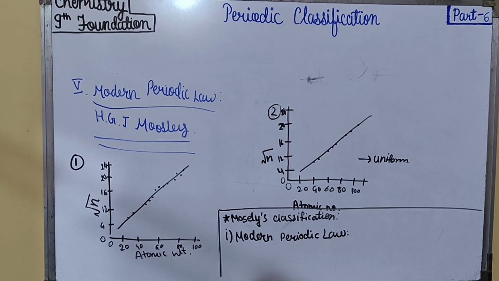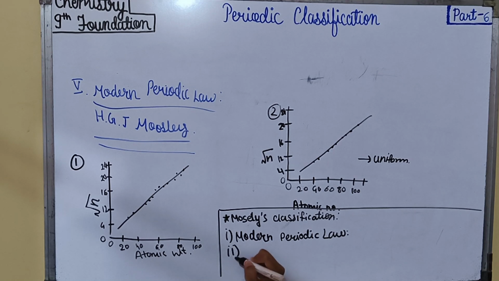This was the law of Moseley, in which he explained that it is the atomic number, a more fundamental property of elements, which should form the basis of the periodicity in the properties of the elements.